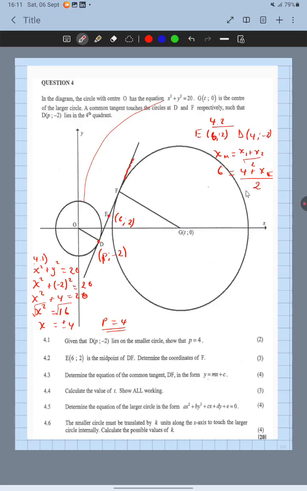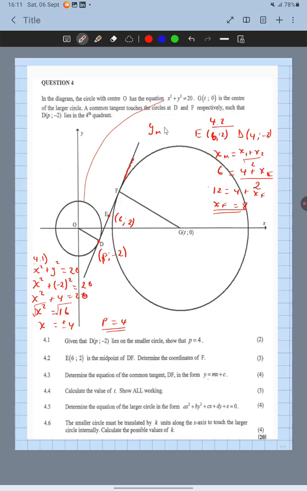We are given the midpoint. So now we can multiply by 2, so our 12 becomes 4 plus x of F, right? So our x of F becomes 8.